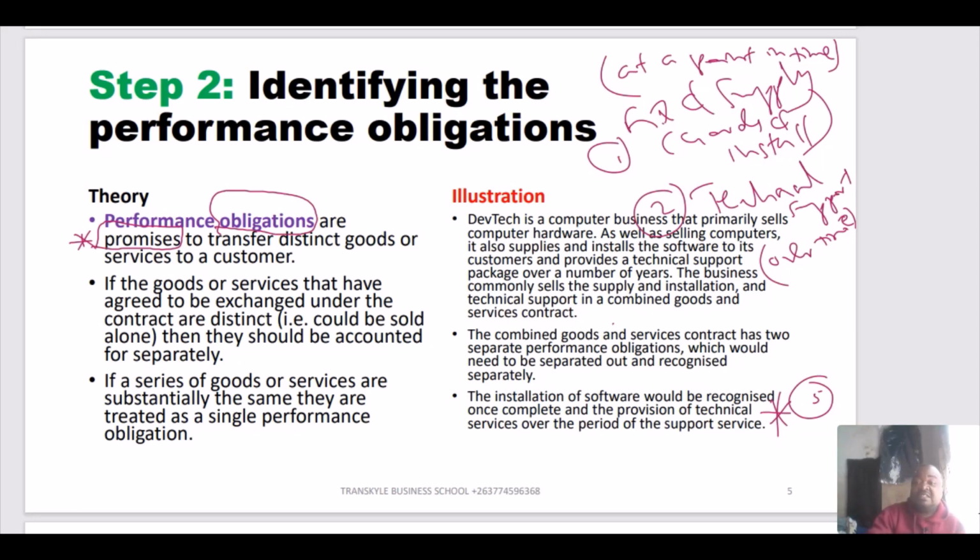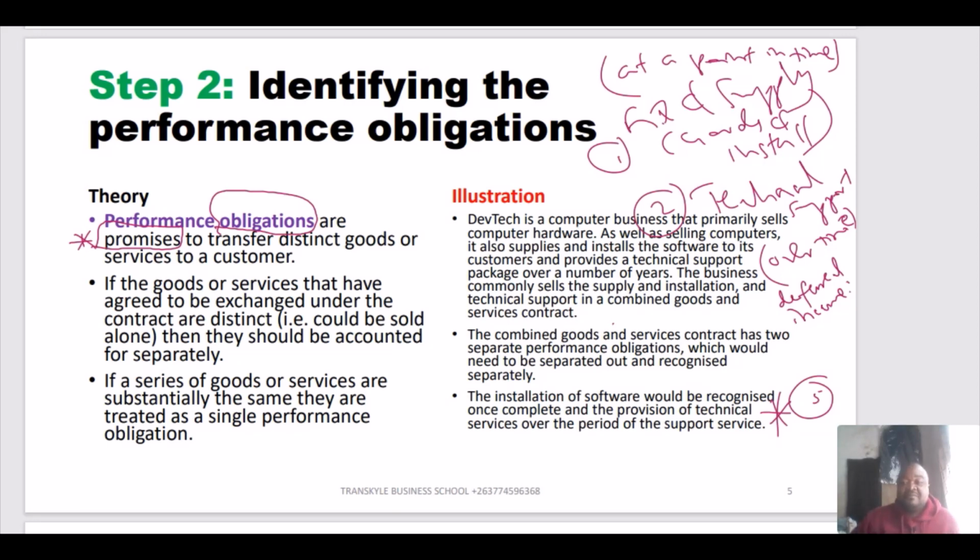So in this case, we are having the issue of deferred income. Deferred income comes into play.